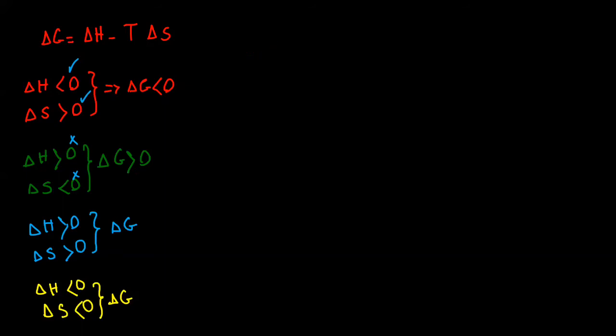Right now, we want to look at the third option, that delta H is larger than 0 and delta S also is larger than 0. In this case, delta H larger than 0 is not in favor of the reaction, but delta S larger than 0 means entropy is increasing, so it's in favor of the reaction.